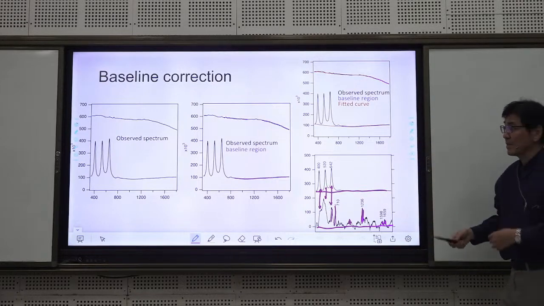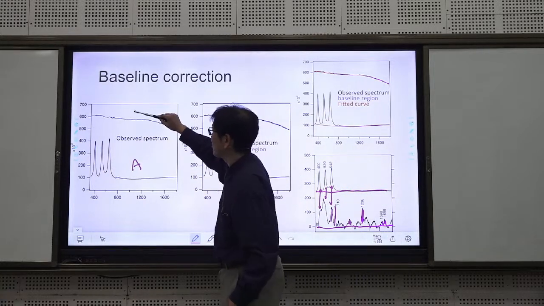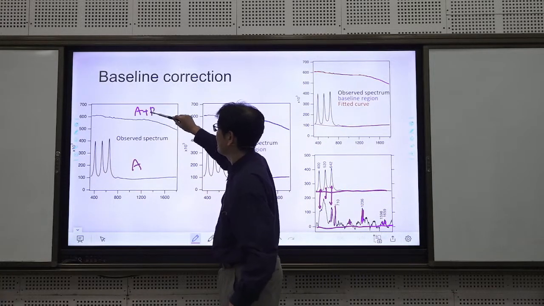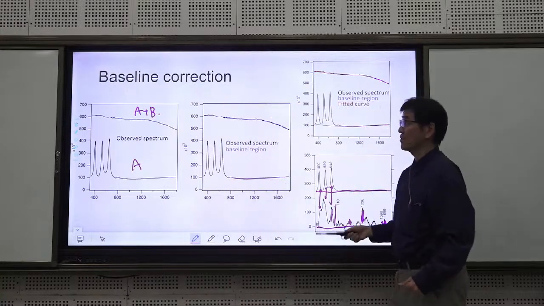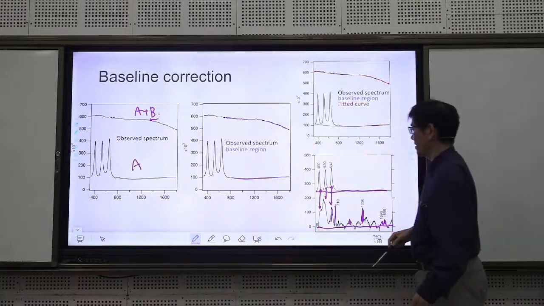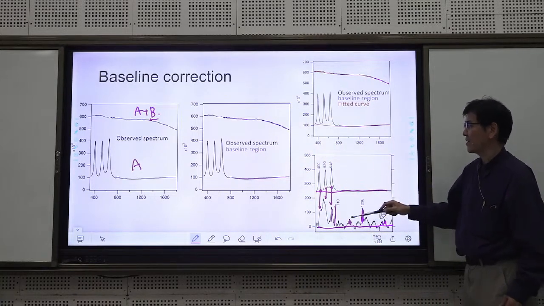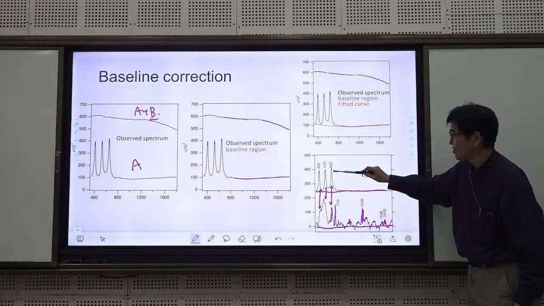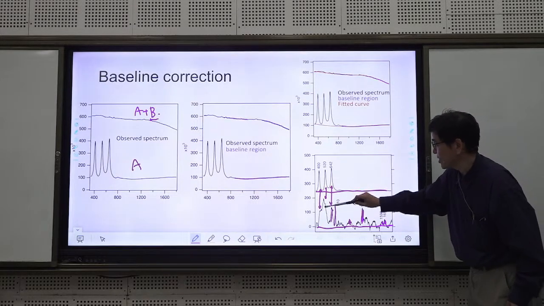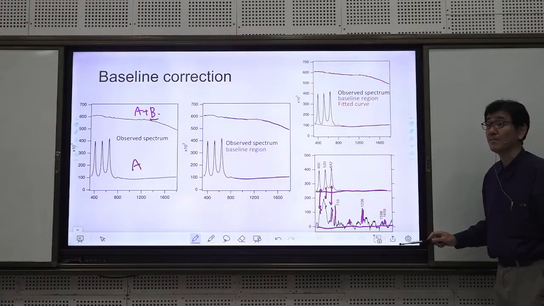As a matter of fact, these two samples are compound A and compound A plus B. So I wanted to detect a contribution from B. By comparing these two spectra, I can say a contribution from A is here and here and here, and the remaining is a contribution from B.